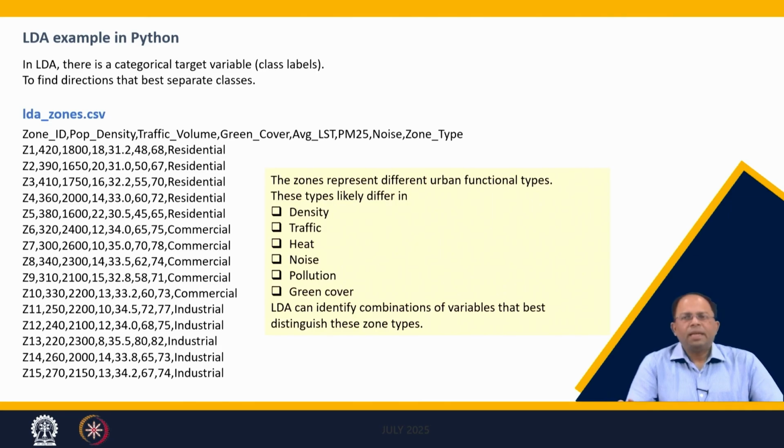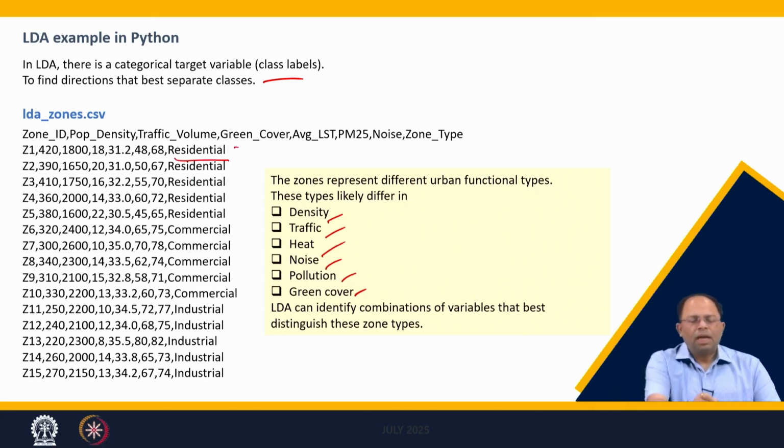Now coming to LDA, an example of LDA in Python. In this case, we are taking a categorical target variable. That means we want to find the direction that best separates the classes. For this data set, for each area there is density, traffic, heat, noise, pollution, green cover, and at the end we also have the class output, which is the class level, either residential, commercial and so on.